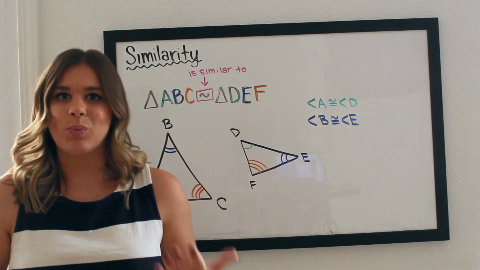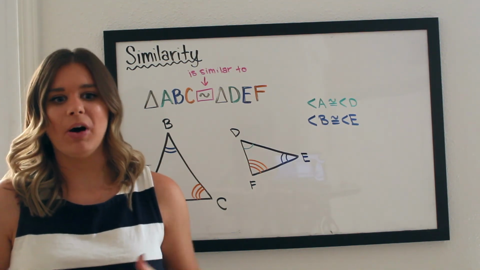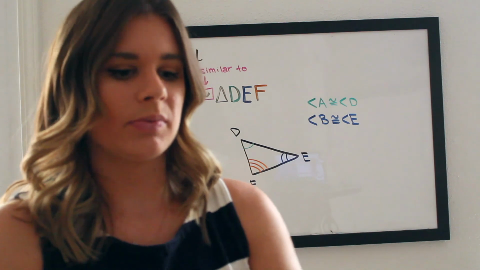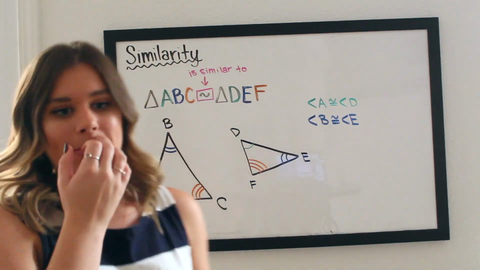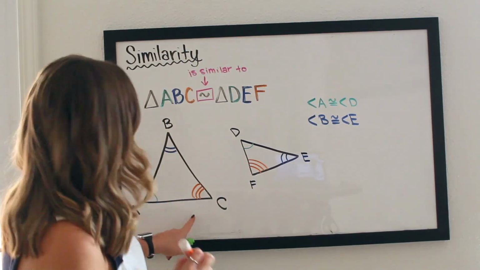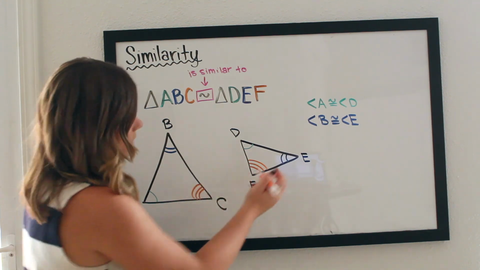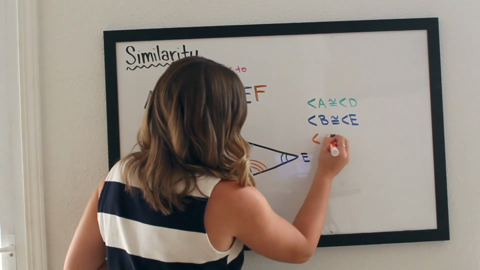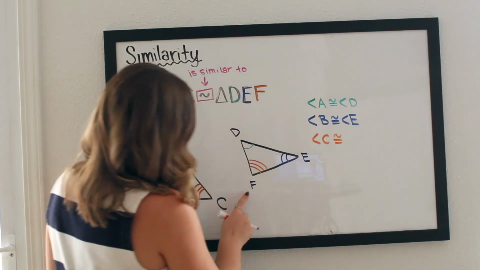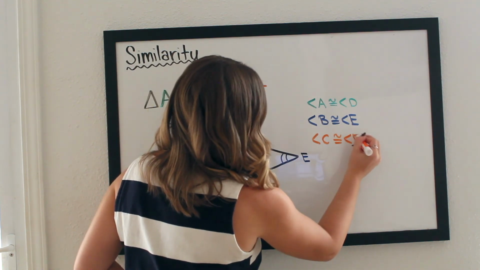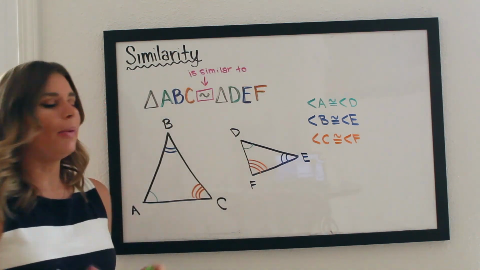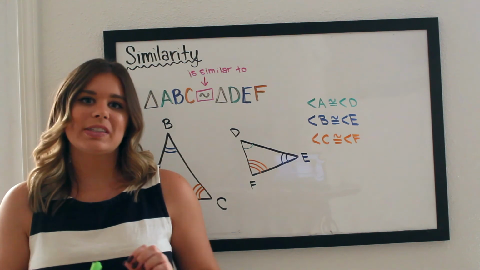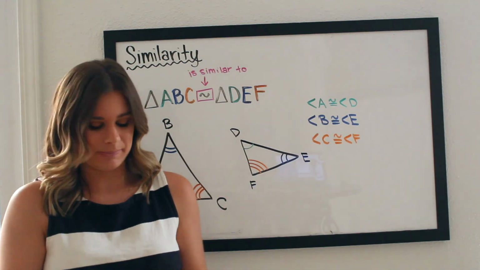Now I can see which parts actually correspond on these two figures. So, before I do that, let me write out our congruent triangles here. So we have angle C is congruent to angle F. Okay, now I need to look and see which side lengths correspond.